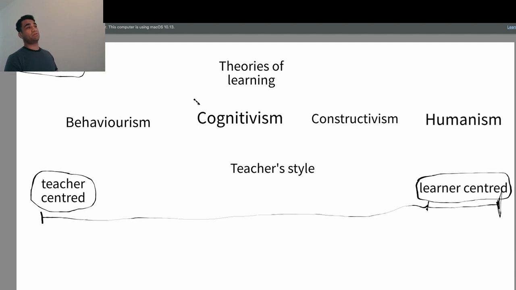Or finally, the students are left to self-organize, self-motivate, and they have this space where they go there, they choose how they are going to progress, how they are going to evolve.